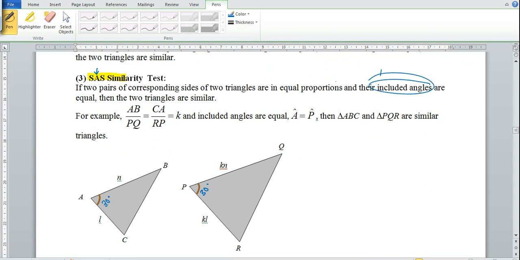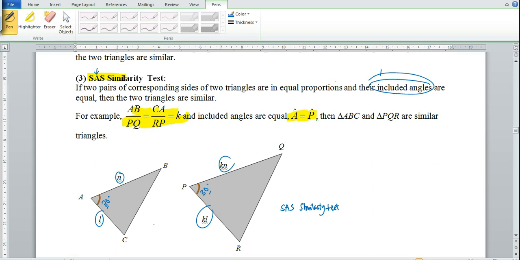So if I know that the included angle is 30 degrees, and I know that there is a corresponding side with a scale factor of k, and the other corresponding side also has a ratio of k, so it means that they satisfy that the sides have the same proportion, the same ratio, and the included angle is the same. Therefore, I can also conclude that, using the SAS similarity test, these two triangles are similar.